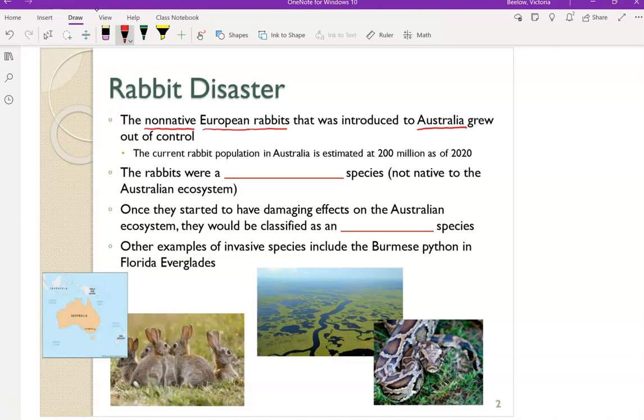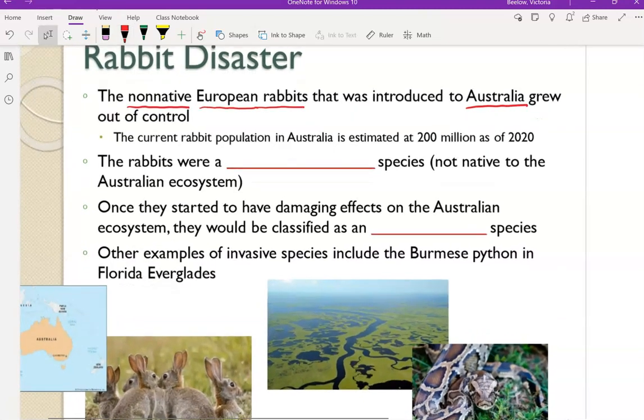Usually this is from humans accidentally or purposefully bringing in animals from one area to another, and then that animal getting into the ecosystem and kind of wreaking havoc potentially.